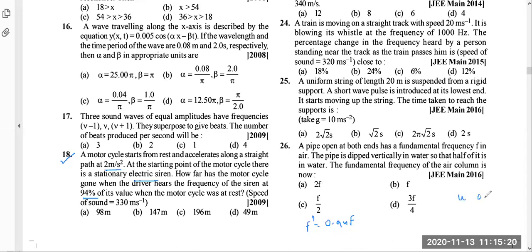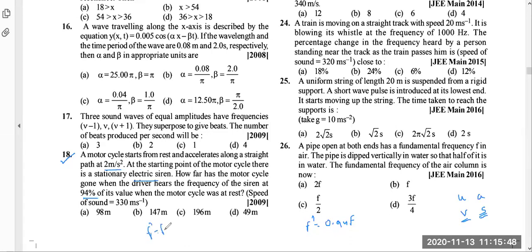Now u is given, a is given, so we can calculate v in terms of s, because you're asked to find how far. So we have to calculate v in terms of s, then put it in the equation.